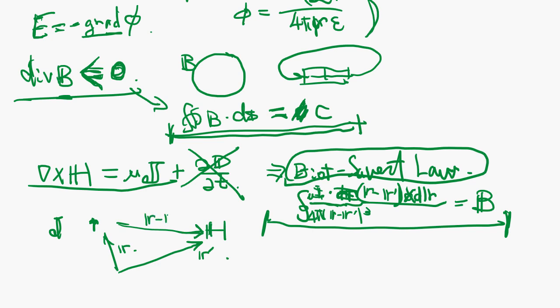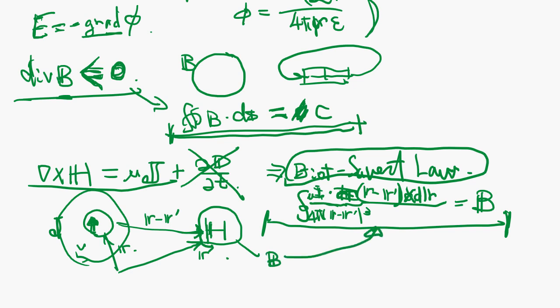So R minus R prime is the distance where the magnetic field is caused by current density. And you take a volume integral, then this becomes this Biot-Savart equation.